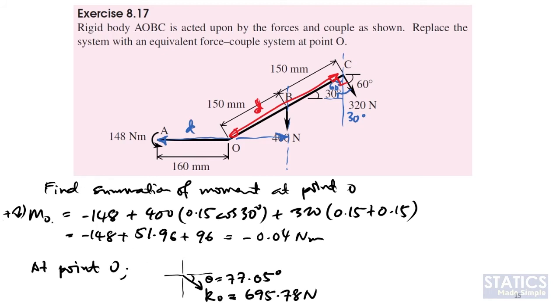And of course, we have the moment, having a magnitude of 0.04 Newton meter, and it is rotating counterclockwise. Of course, if we want to use the positive clockwise convention, the magnitude is equal to minus 0.04 Newton meter.